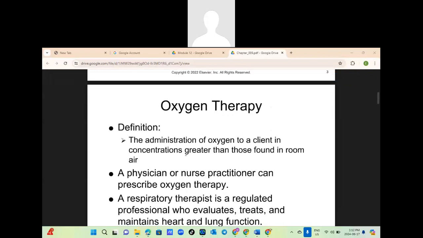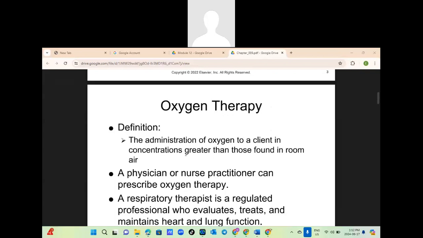But for some reason, we need more than 21%, for example because of illnesses or diseases. The person is not able to adequately sustain the 21% of room air, so we need oxygen therapy.